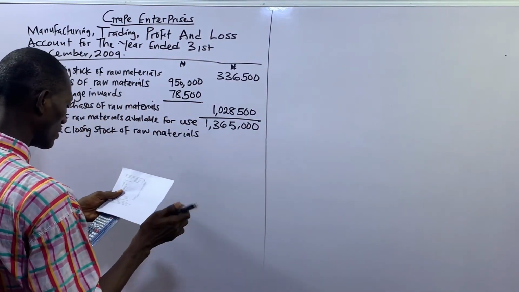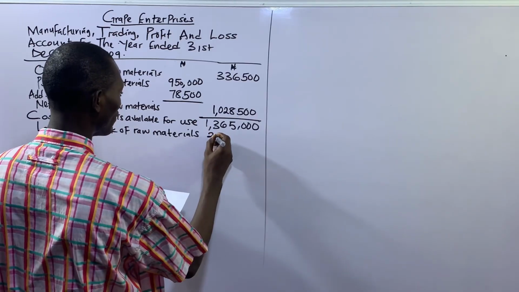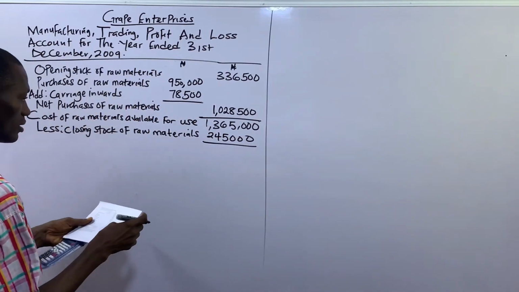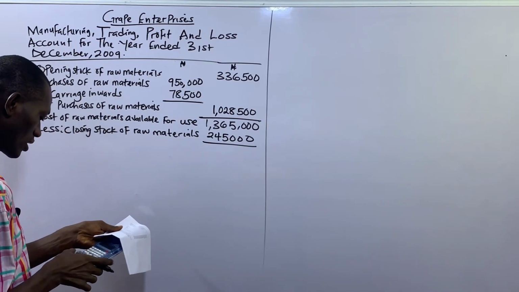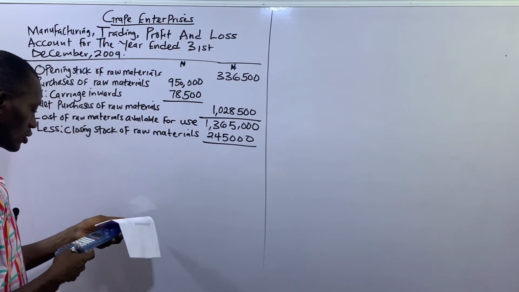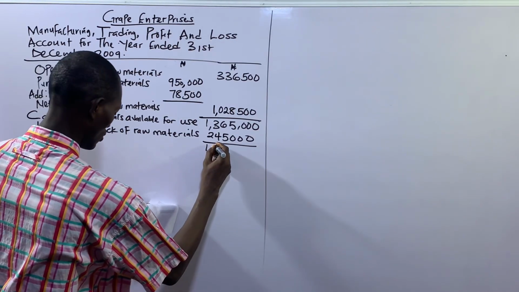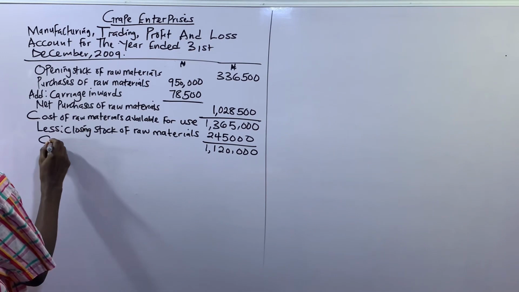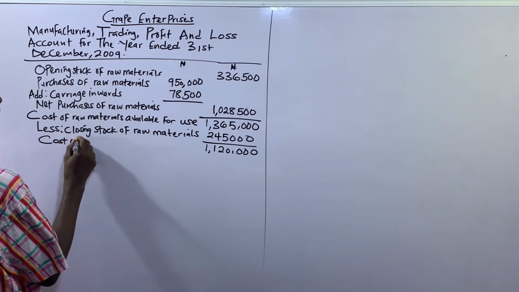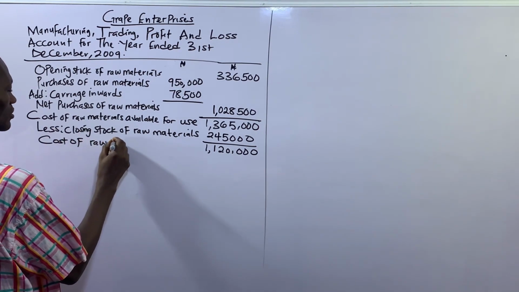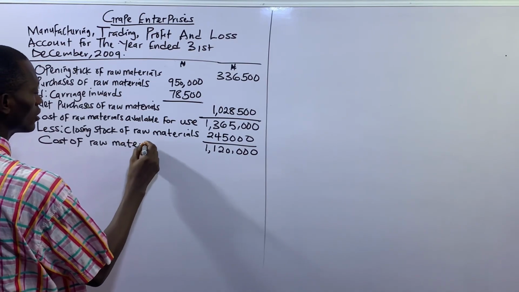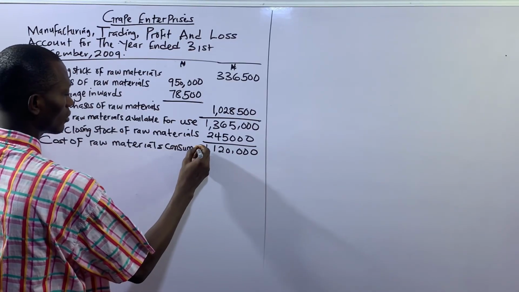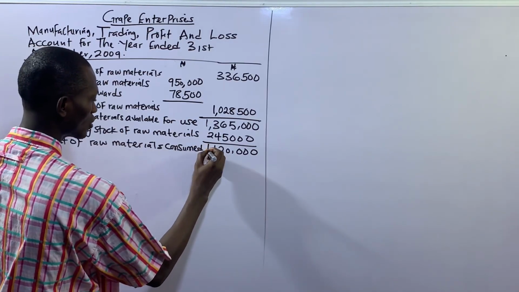So closing stock of raw materials is given as 245,000. Then we less that, so minus 245,000. So that gives us 1,120,000. So we call this cost of raw materials consumed.